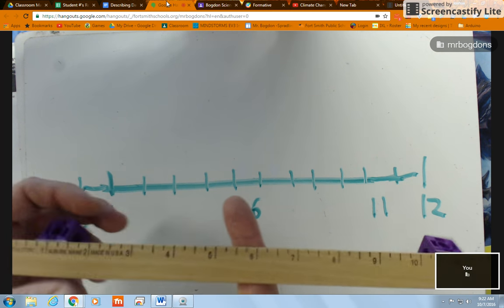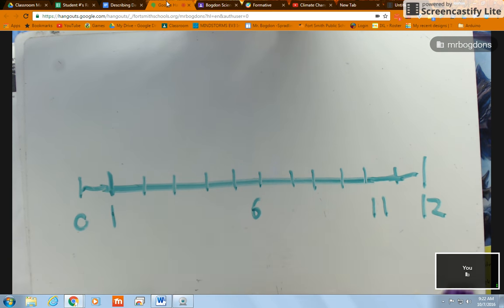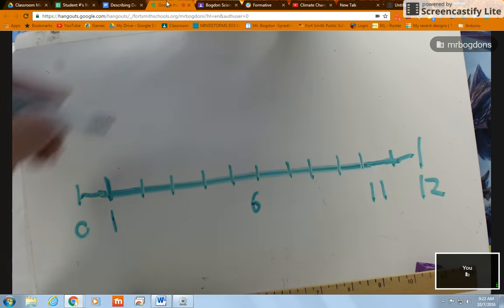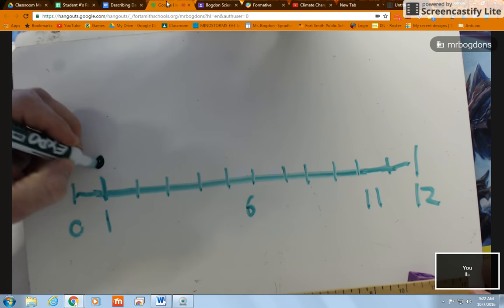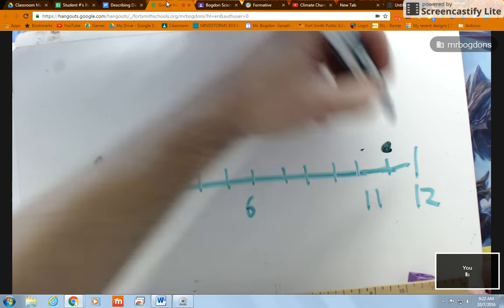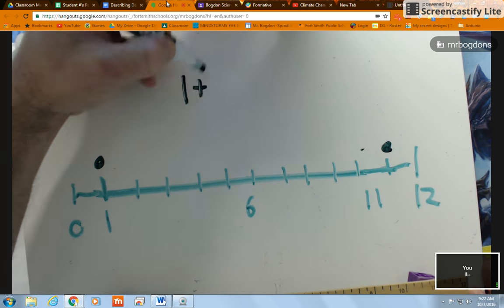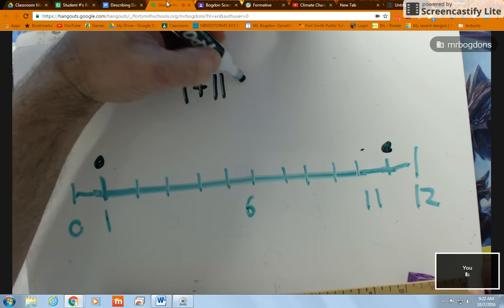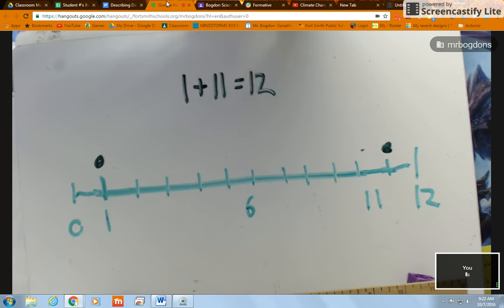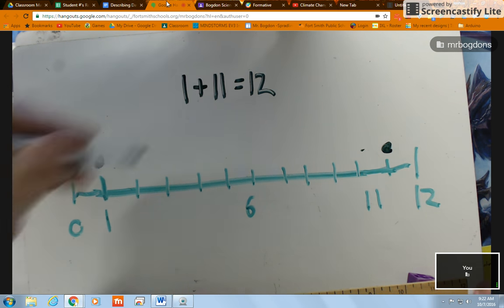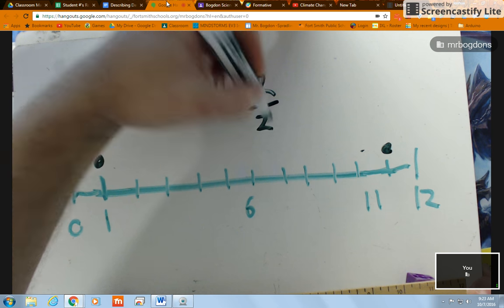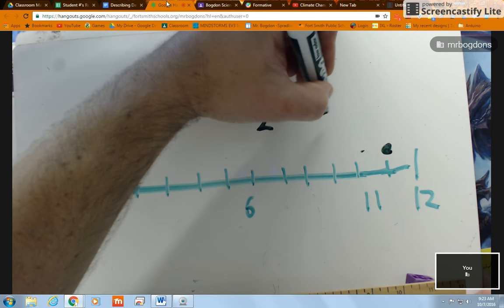So the mean, what is the mean between 1 and 11? How do we find the mean between two numbers? Okay, so what is 1 plus 11? That's 12. Then how many values did we have? 2. Yeah, we just had 2 values. So 12 divided by 2 will be equal to 6.